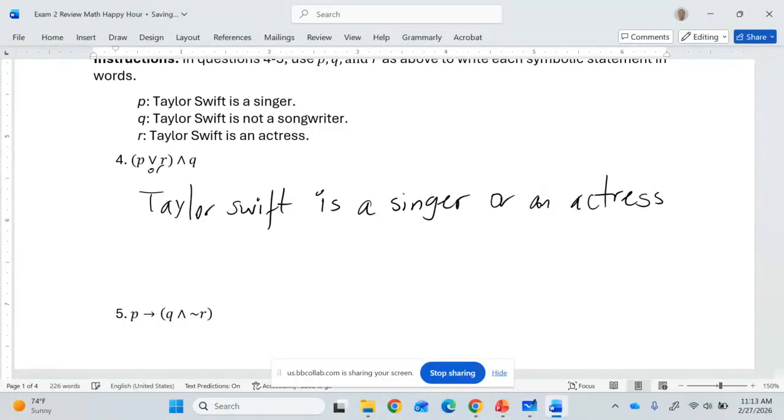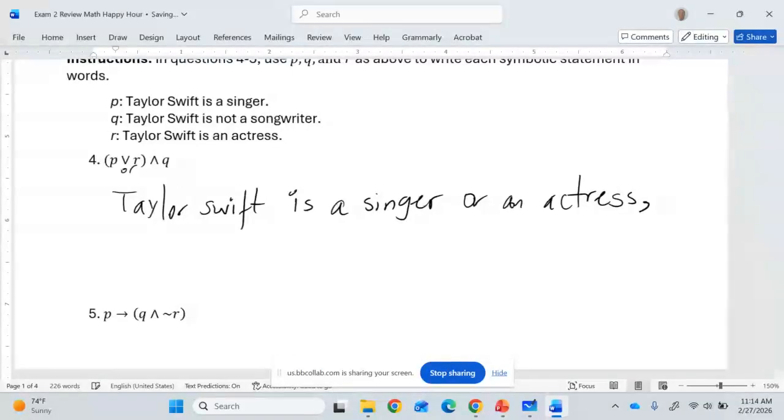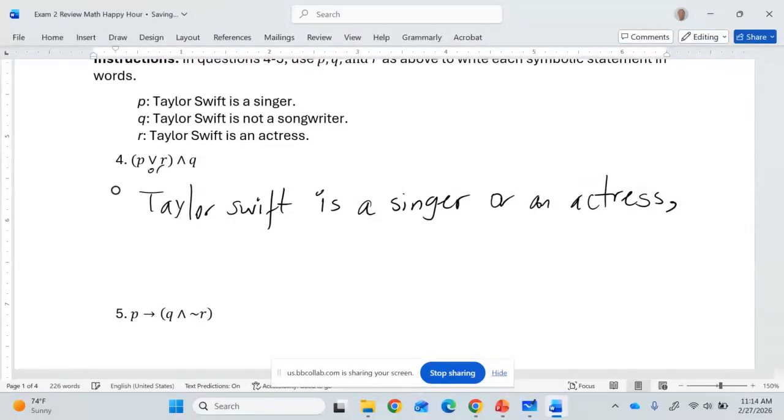So the whole thing says Taylor Swift is a singer or an actress. And then because I have parentheses, that's where we put a comma. So those parentheses that group letters in English, they represent sentences that are separated with a comma, that are grouped with a comma.